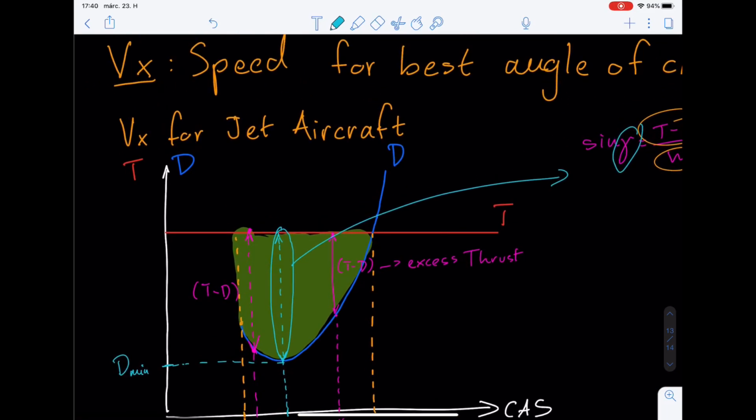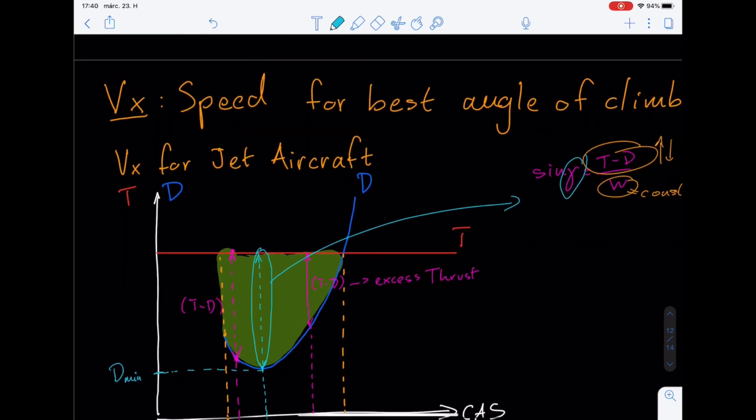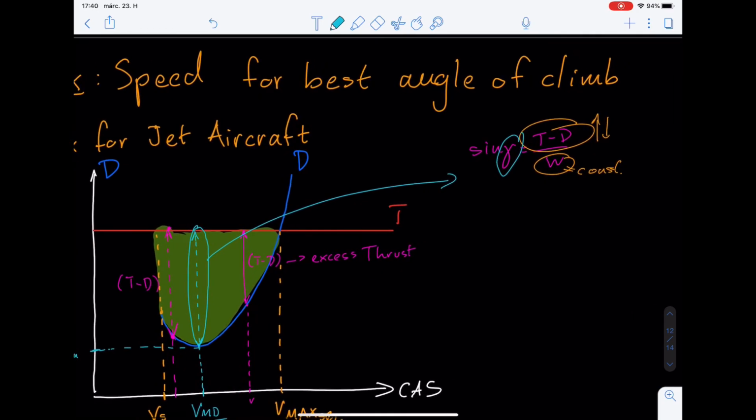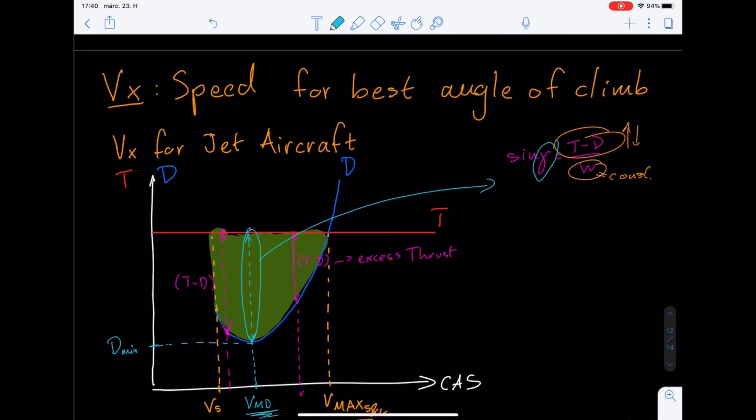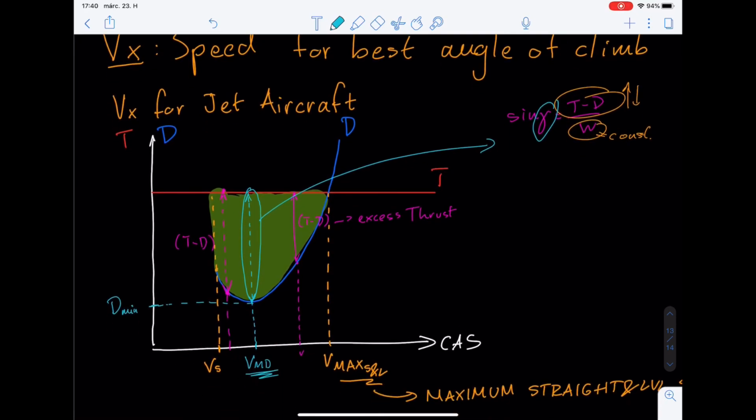We defined Vx as the speed for best angle of climb, and for the jet it is VMD.